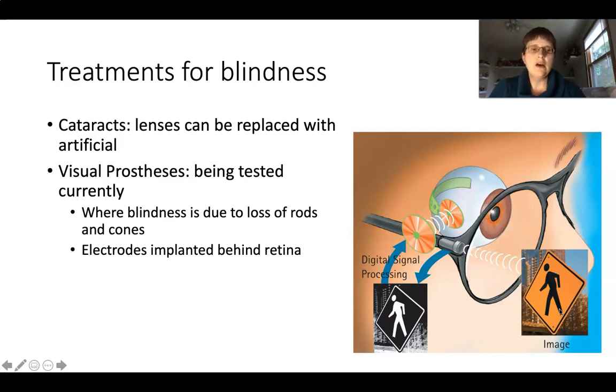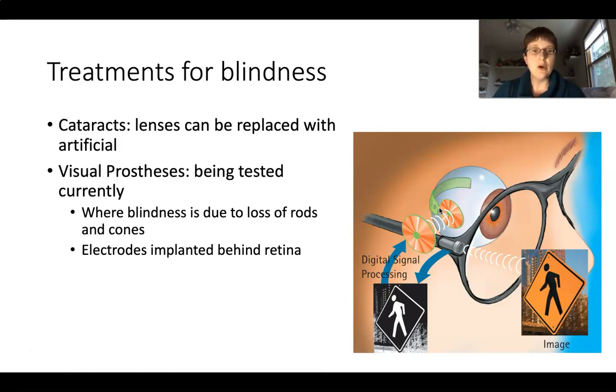Those cameras record images, and those images are relayed to a digital processor in the glasses. That processor then sends the signal to the processor on the electrodes implanted behind the retina. That will fire and send that information to the optic nerve, which then sends the electric signal through the neurons to the central nervous system.